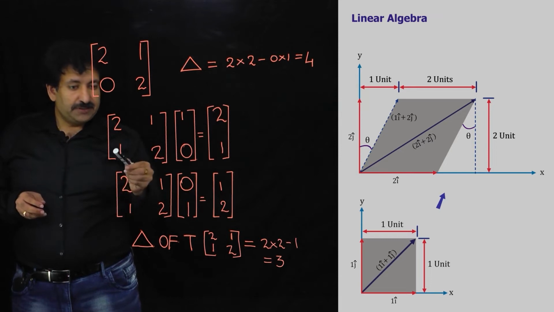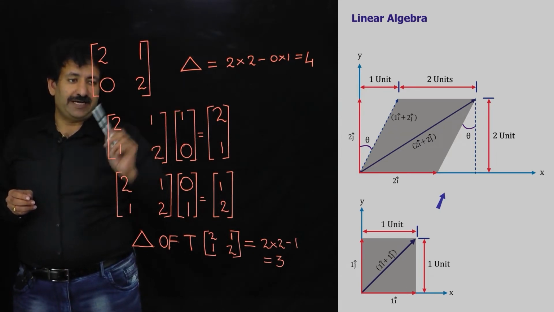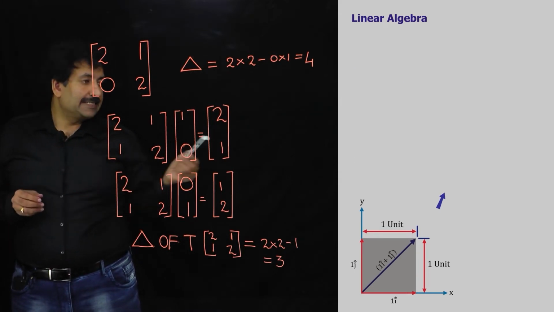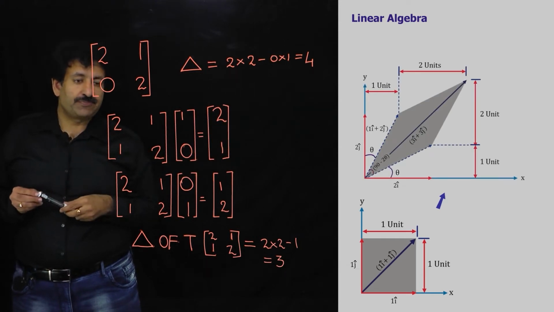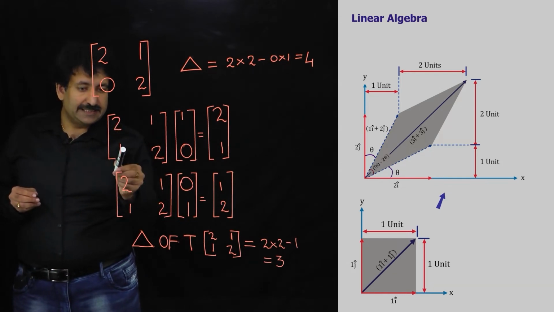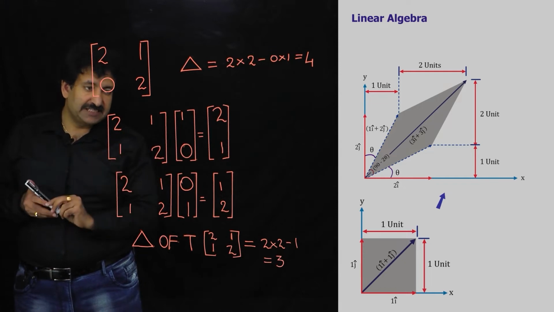Now if I were to introduce two shear terms, that is both for x and y, then the obvious expectation is that the square space gets transformed into a rhombus, because you see that the column which is transforming the x vector has a shear term, and column 2 which transforms the y vector also has a shear term.